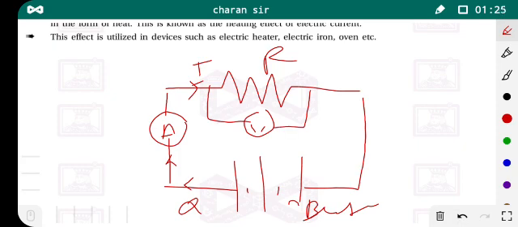Inside the battery some chemical reaction takes place, such that a potential difference develops across the battery, and this potential difference is capable of moving the electric charge. We know that whenever electric charge is in motion, that constitutes the electric current. How can electric current be produced in this circuit?